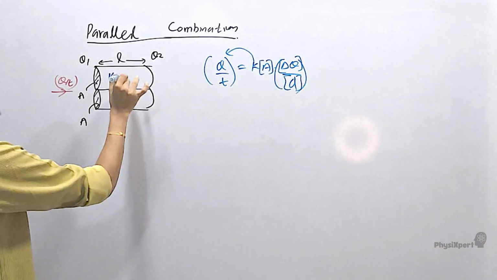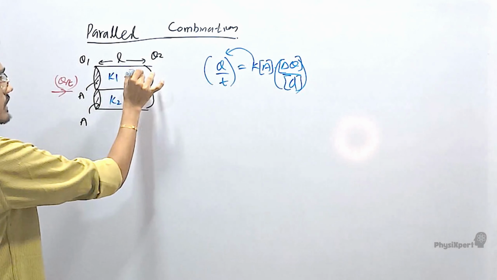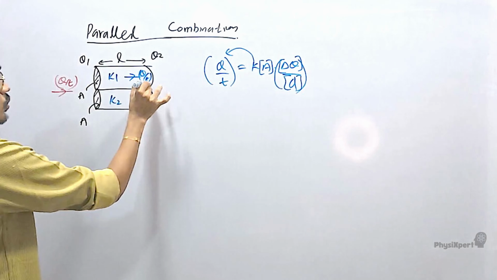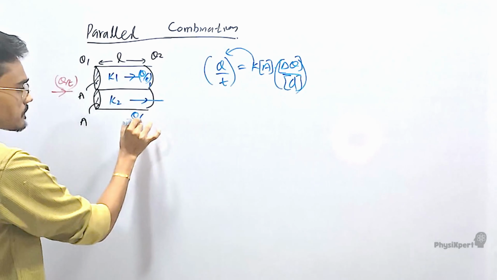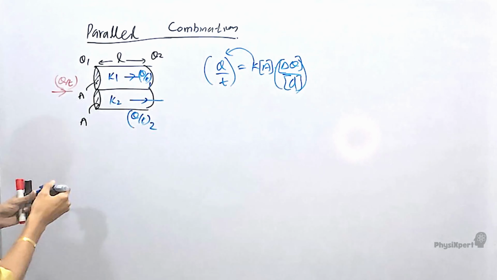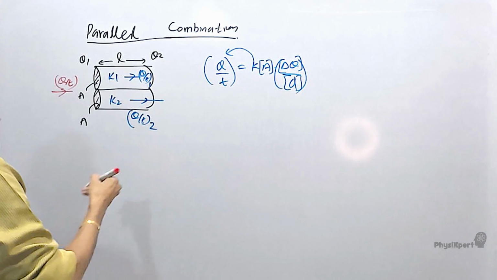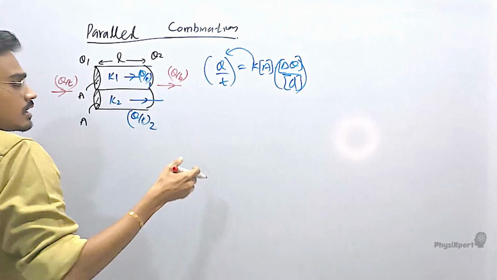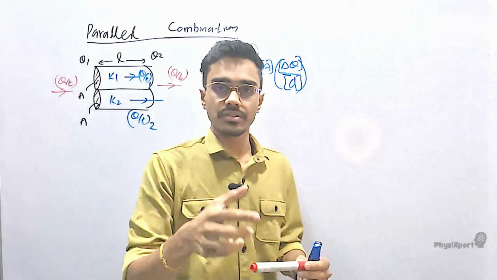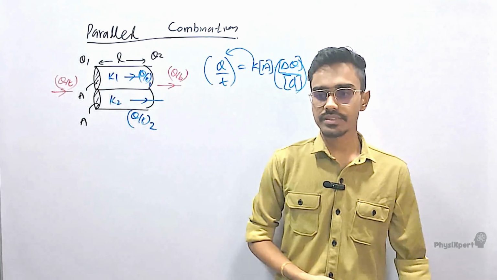So let's consider this as Q over T 1, and this as Q over T 2. Now, as a system, the same Q over T should come out, but inside the rods, Q over T is different, right?